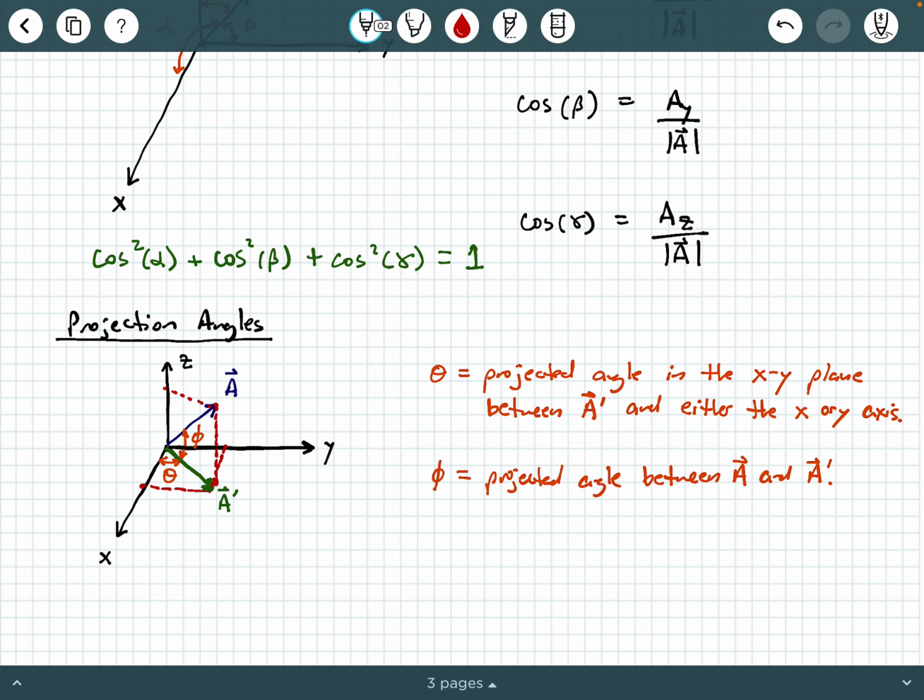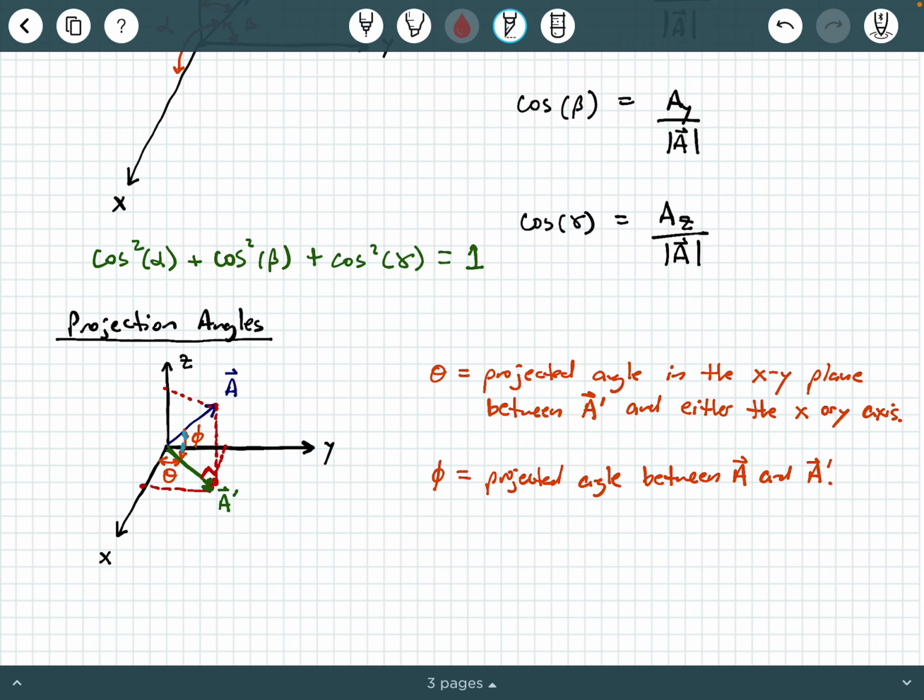So it turns out that this is a right angle. So this little triangle right here that's formed by A and the shadow of A, which I'm calling A prime, and this projected line, that's a right triangle. And so phi is going to be one of those interior angles, okay?